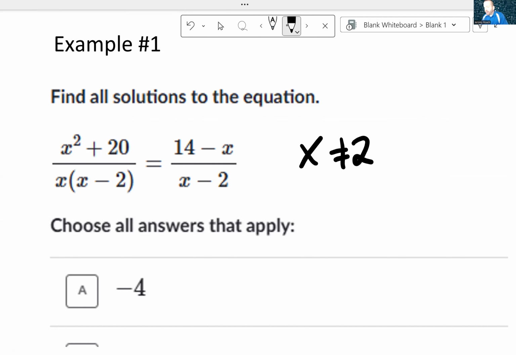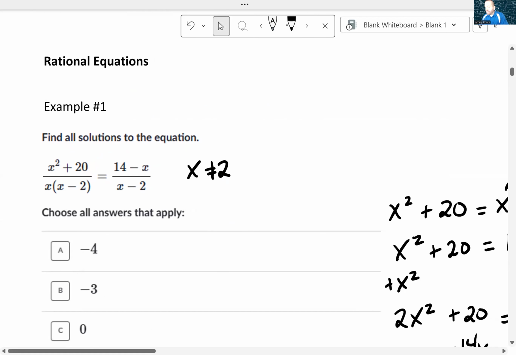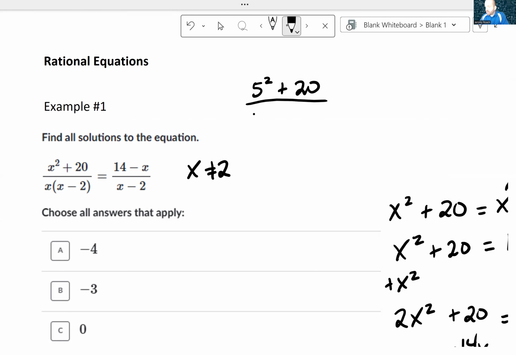But if we plug in 5, that should be okay. Let's check it with the entire equation. I was trying to find us a shortcut before, and we just can't do that with rational equations because we have to plug in the number in the denominator to check to see if it ever makes the denominator equal 0. So we'll try 5 squared plus 20 over 5 times 5 minus 2 equals 14 minus 5 over 5 minus 2.